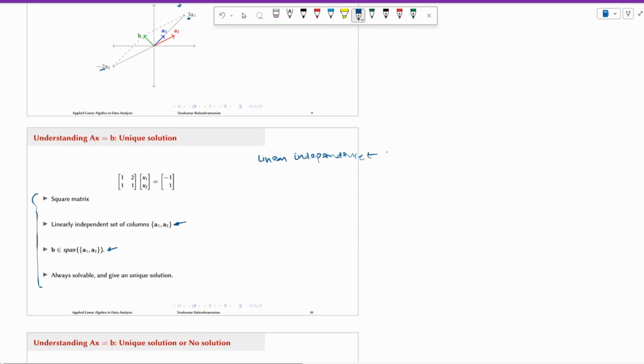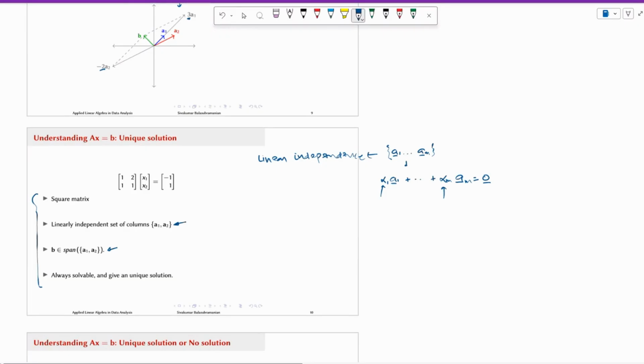Linear independence is a property associated with, and that's why I gave that one sheet, you have to look at that, a set of vectors a1 to, let's say, am, such that if you take a linear combination of these vectors and you want to produce a zero vector, if the only way you can produce a zero vector is if you set all the alphas to 0, then you say the set is linearly independent.